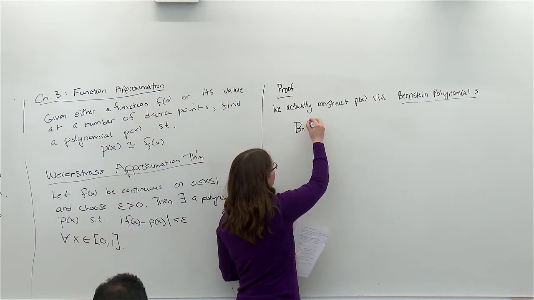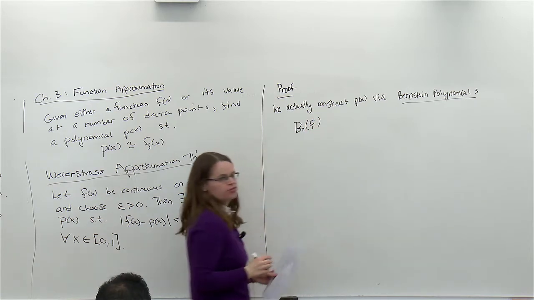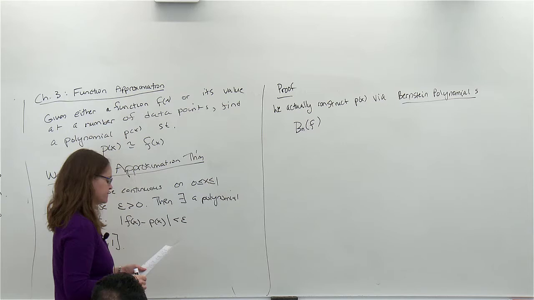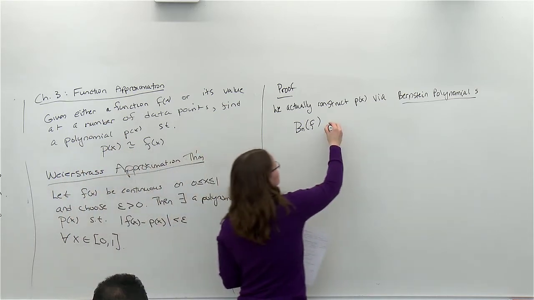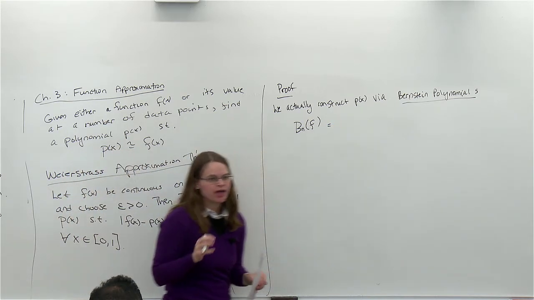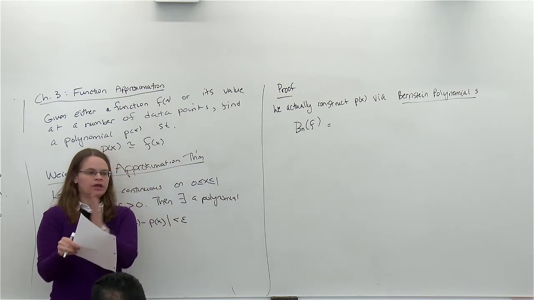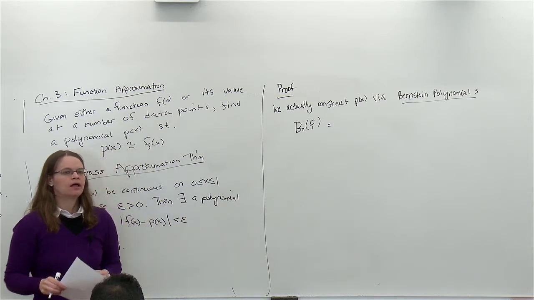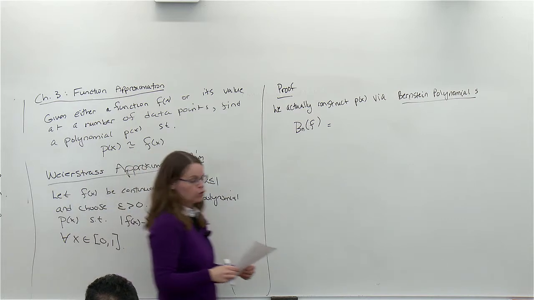So this is how we're going to define an nth degree Bernstein polynomial. It's going to make use of the function values of f at equally spaced points between 0 and 1, but no derivatives.